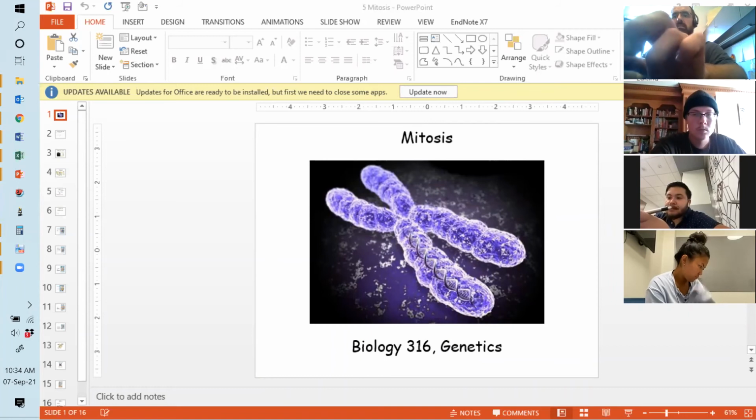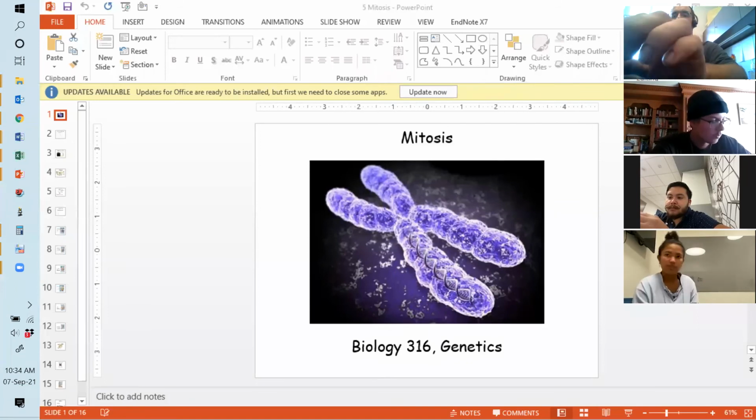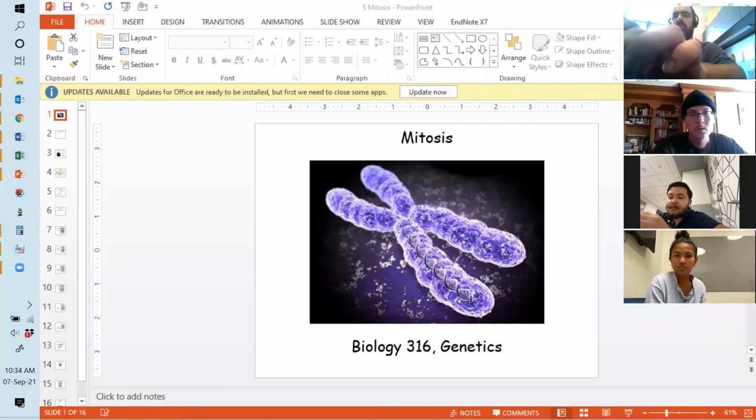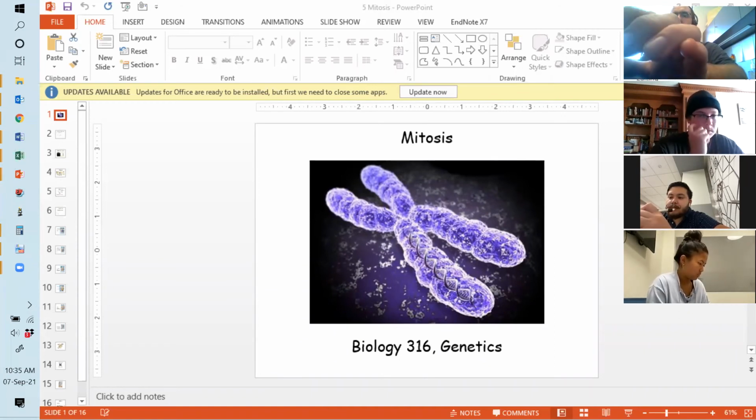Same genes, size, length, etc., but potentially different alleles. One from your father, one from your mother.